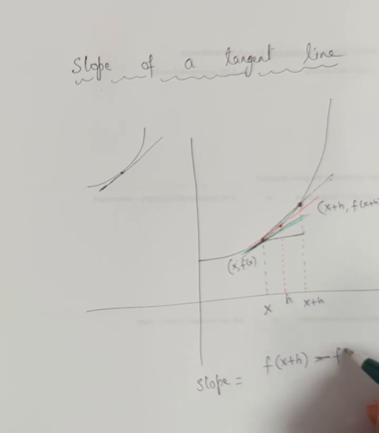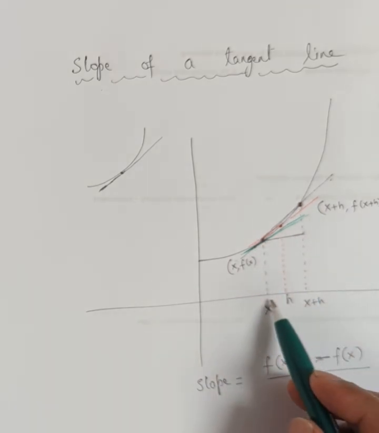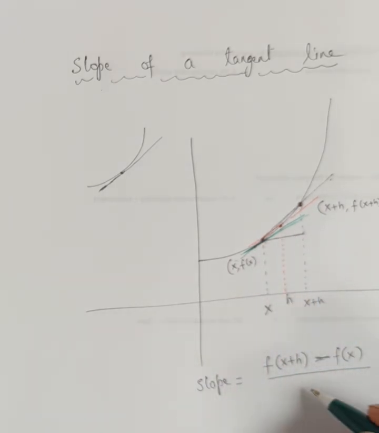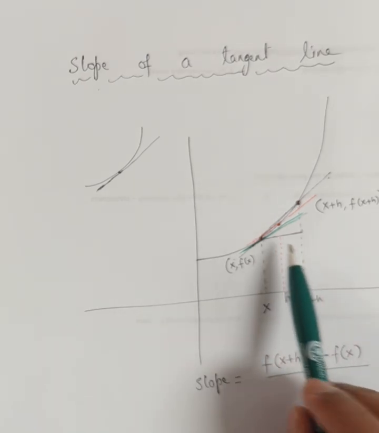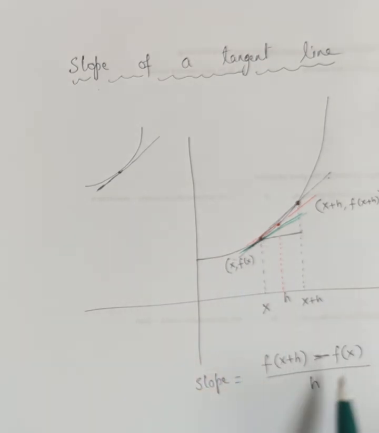So f of x plus h minus f of x over, and this distance, I can see that this is h. That's what we started with. Or I could say it's the x coordinate of x plus h minus x. So either way, I get that h. So slope of the secant line is given by this. This is simply the difference in y's, the rise, y2 minus y1, and the run is h.